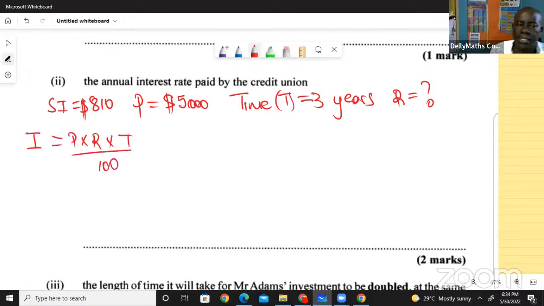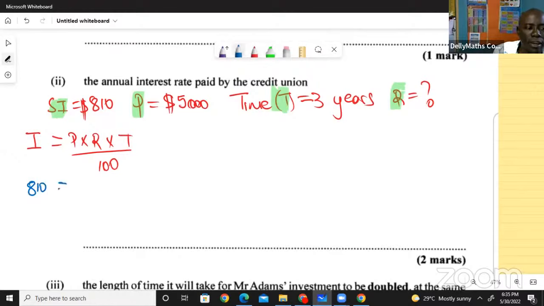I'm going to work it this way, and then I'm going to work it another way for another set of people. So in this case, I'm suggesting that you could substitute everything that you have, from your interest to your principal to your time, and then search for R. So let's see what I'm saying. Interest was 810.